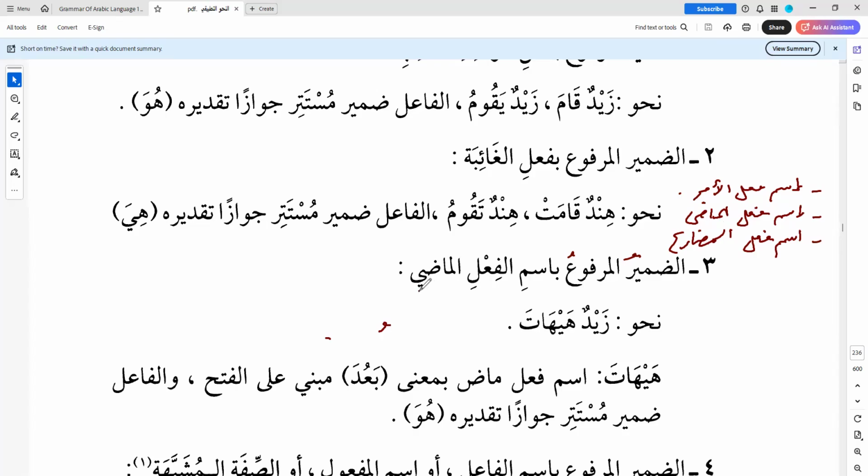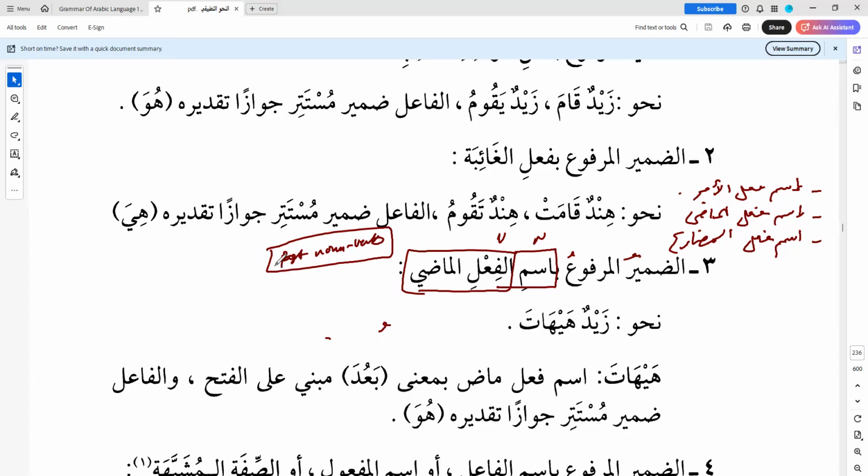So here we're looking at اسم فعل الماضي. So basically a noun verb, past. A noun verb is a word that behaves like a verb but is a noun.